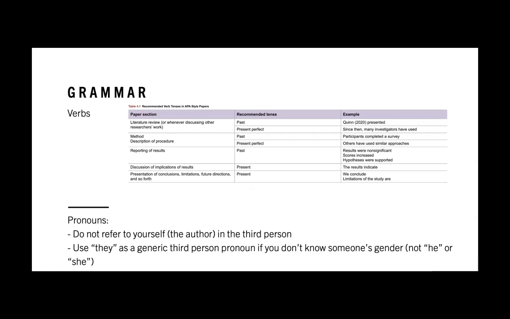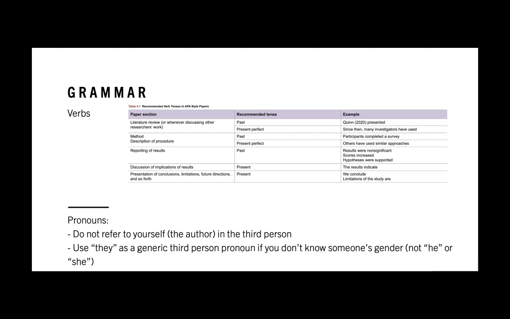In addition, and this is also referred to in chapter 5 around bias-free language, this is probably different from what you originally learned when you were learning how to write. When you're referring to a generic third person, if you don't know someone's gender, it used to be that the default was "he," right? Or "he/she." No longer.